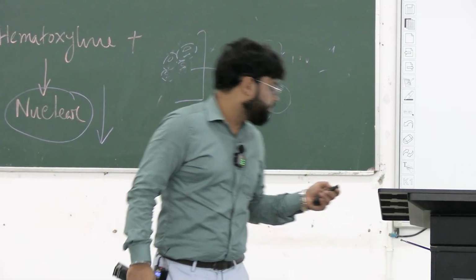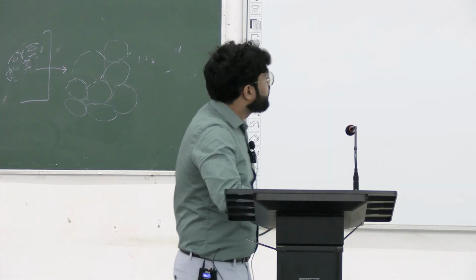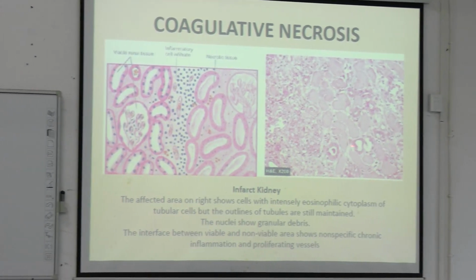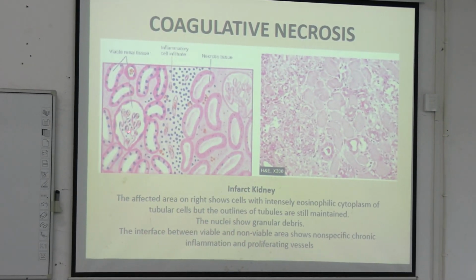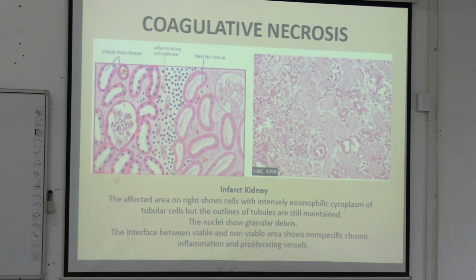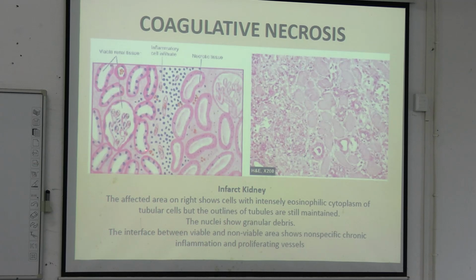Second type, now এটা আমি যেটা ছবিতে বলছিলাম, it's a schematic diagram, it's a photomicrograph under light microscope. Schematic diagram কি? এটা একটা infarction of the kidney. You can appreciate the glomerular structure, and these are the tubules.